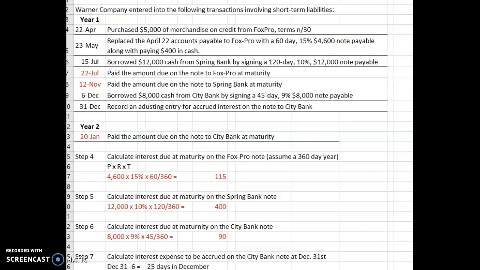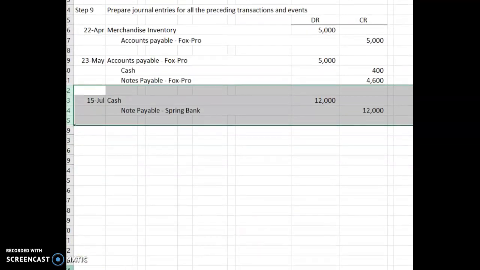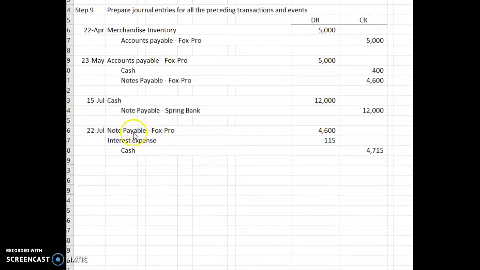So let's record that payment. We need to debit the note payable, $4,600, to remove this liability from the books. We need to debit interest expense for $115 and credit cash for the total $4,715.